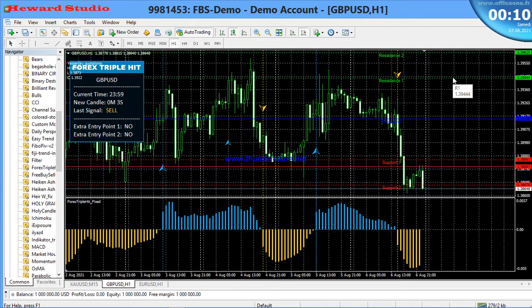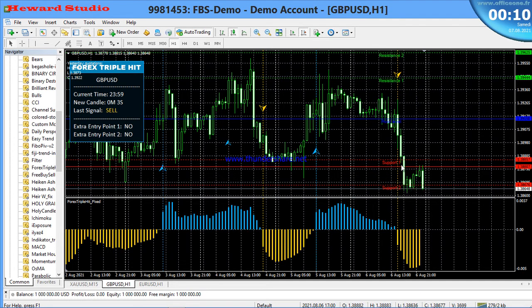Now using the same strategy, let's look at something. So at this point, I got my TP hit. You see, the TP got hit at this particular point, 1.39444. Now let's come here. When I got the sign here, the first thing that came into my mind is, where is my support?